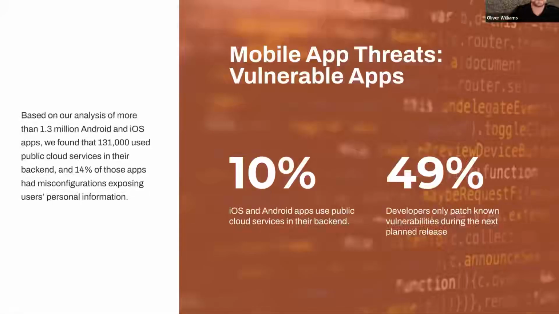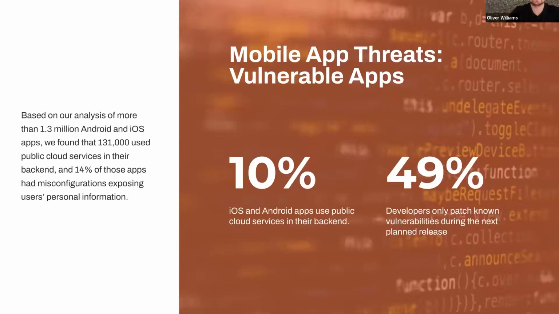There are many more metrics that we look for. As I mentioned before, 10% of applications use some kind of cloud services in their backend. Again, a lot of these cloud services are not implemented correctly. We did a big piece of research last year, looking at over 1 million mobile applications across Android and iOS, and about 131,000 of those use publicly available cloud services inside them.